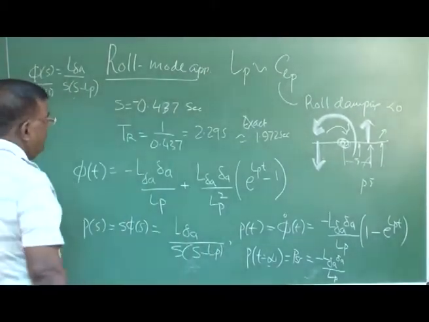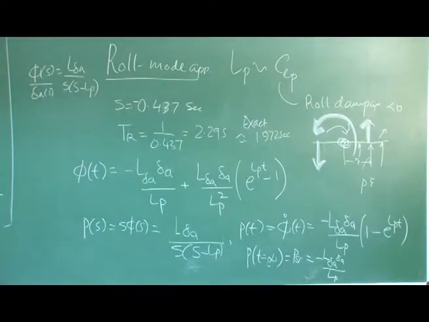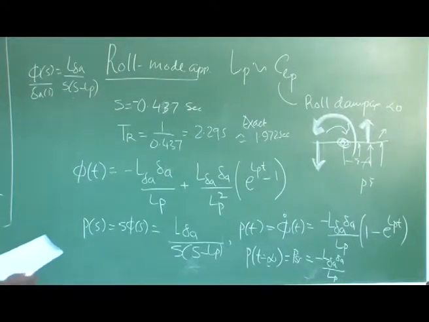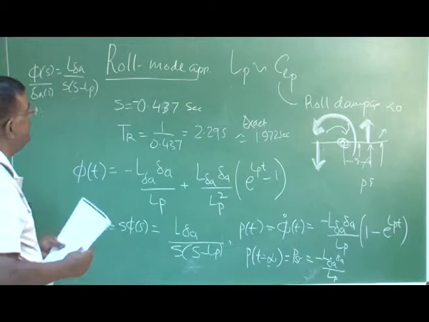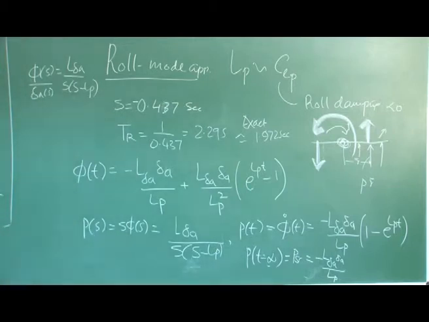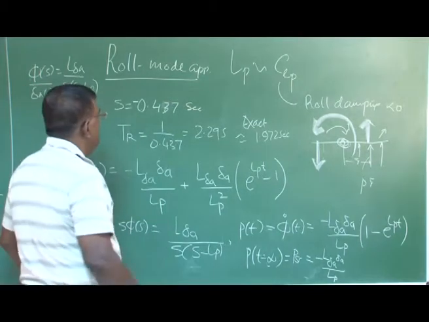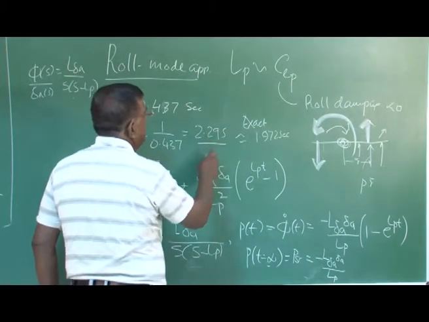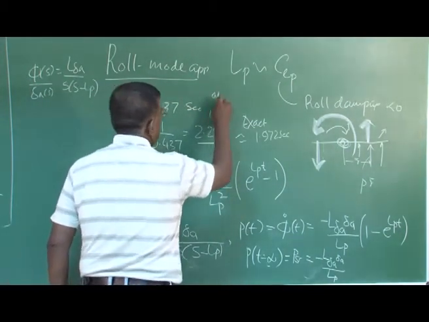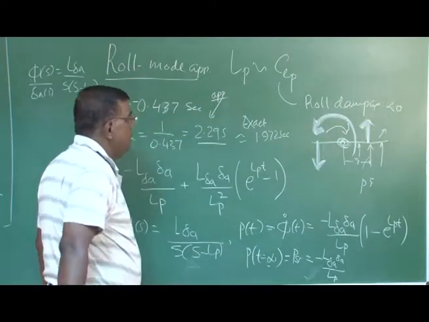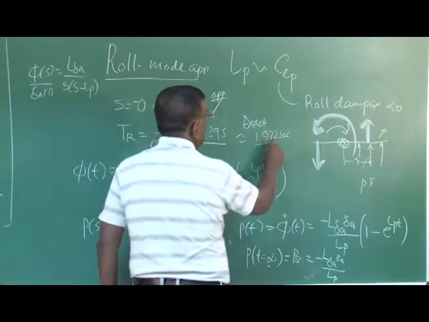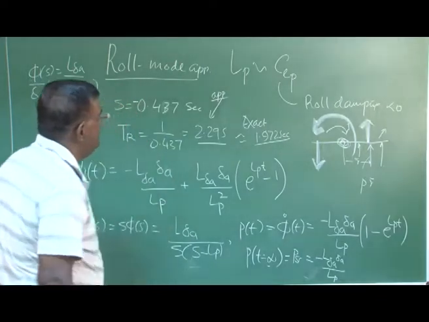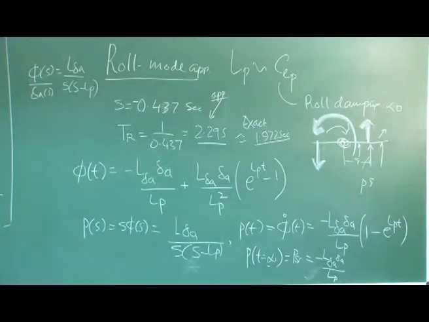Once we solve that characteristic equation and put in the values, we get S equal to minus 0.437. And TR is 1 by this, so this is 2.29 seconds, which comes from the 1D approximation. But the exact value was 1.972 seconds. You see that they are not that bad as spiral.